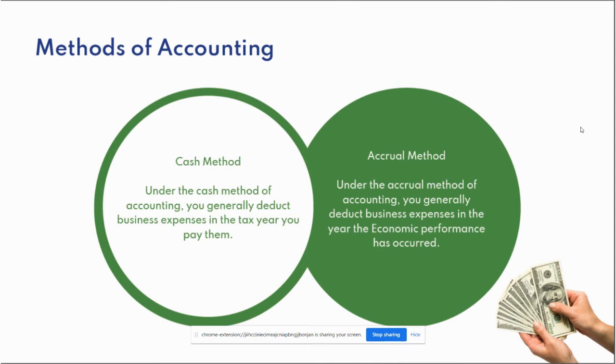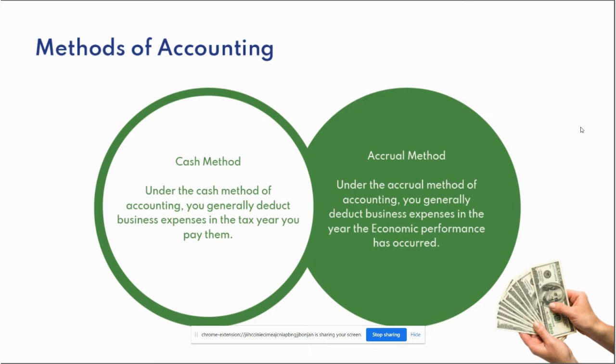If you collected 10,000, the 10,000 becomes income because you are in control of it. You collected it today. If you spent 500 or 10,000 today, it becomes an expense today under the cash method. The accrual method matches the payment to the period that this income or expense happens.